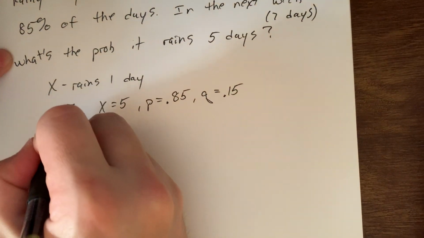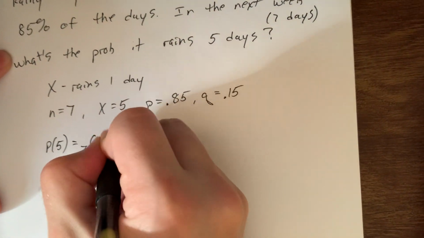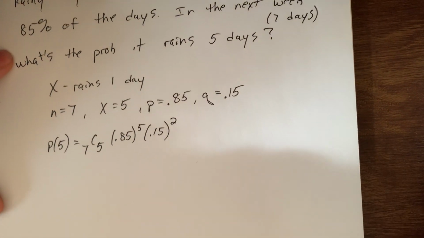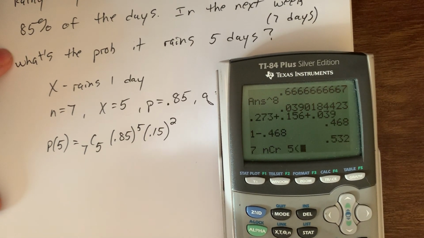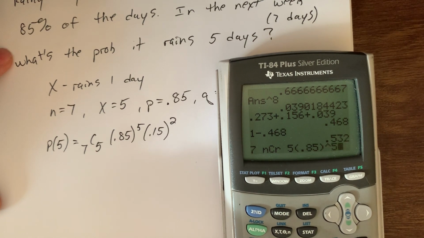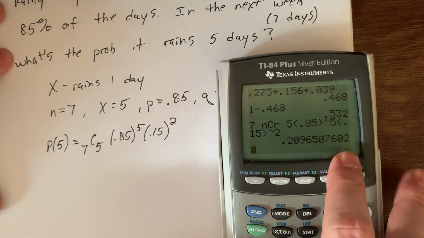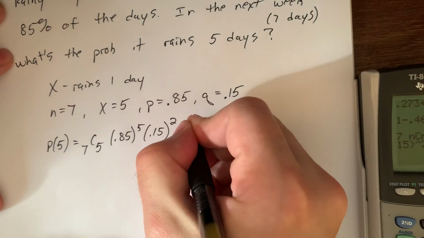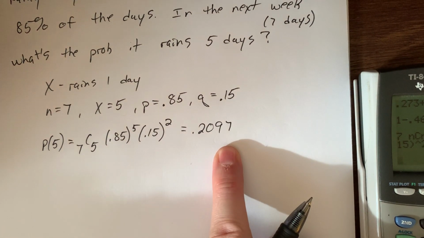Just jumping right in, the probability that it rains 5 days is 7 choose 5, 0.85 to the 5th power, 0.15 to the 2nd power. I'll take a few decimal places here, let's go to the fourth decimal this time: 0.2097. And that answers this question.